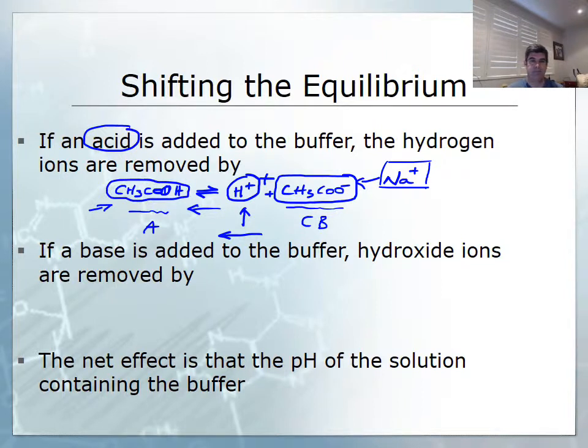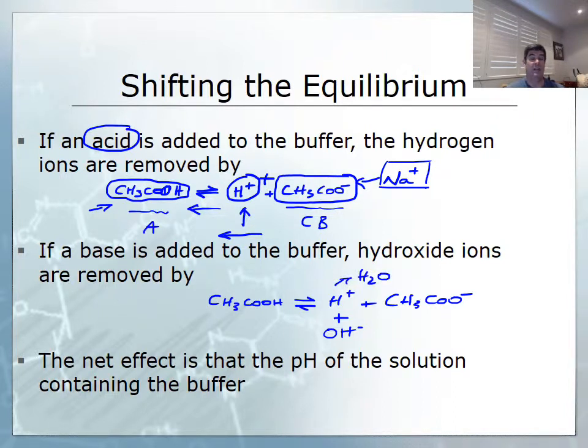If a base is added to the buffer, let me quickly draw this equilibrium again. If we assume we're adding a source of hydroxide ions, the hydroxide ions are going to combine with the H plus ions to form water.